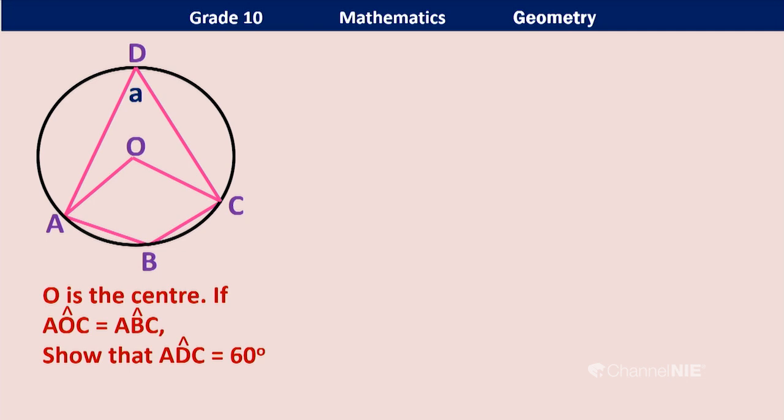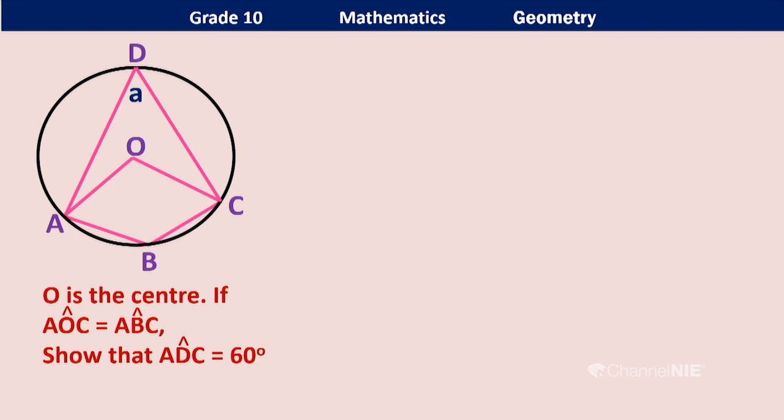If I name the angle ADC as simply A, can you see a relationship between angle ADC and angle AOC? Previously, we have learned that the angle subtended at the center of the circle by an arc is twice the angle subtended on the remaining part of the circle by the same arc.